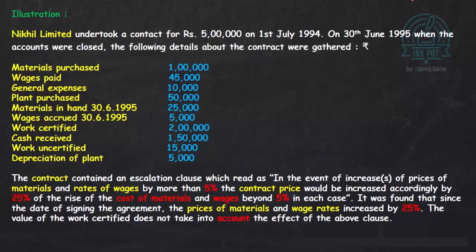Accordingly. Now what is the percentage of increase in contract price? It will be increased accordingly by 25% of the rise in cost of material. So the contract price will increase by 25% of what? Rise in the cost of material and wages beyond 5%. Right? So we will calculate this, and you will have better understanding. Now let's prepare a contract account.